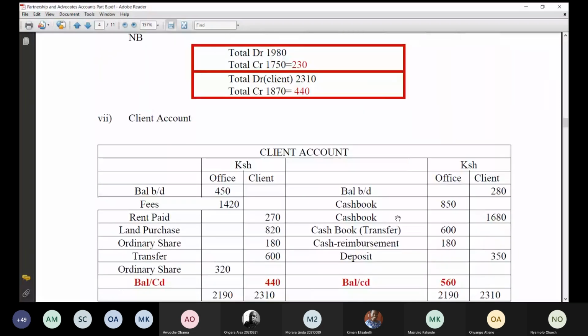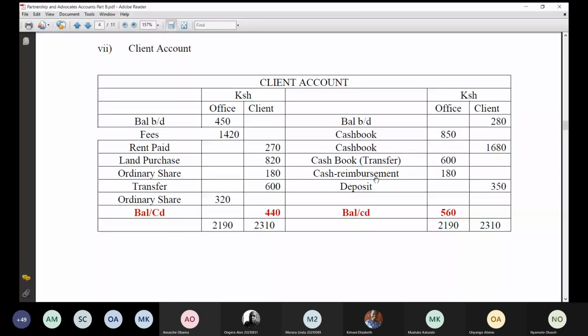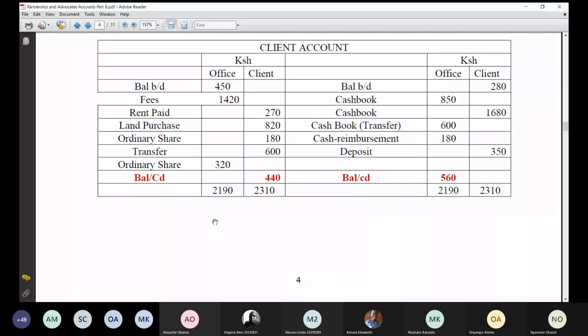I'll come again to this. The client account also has a debit side and a credit side. The debit side has office and client, and the office side. The credit side also has the caption for the office and the client. So what happens again?